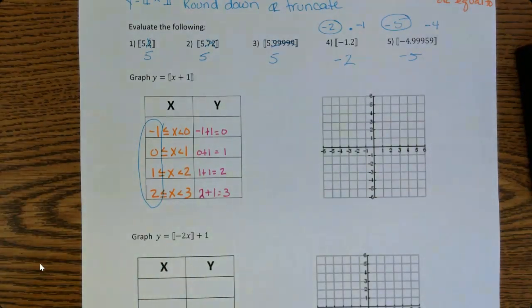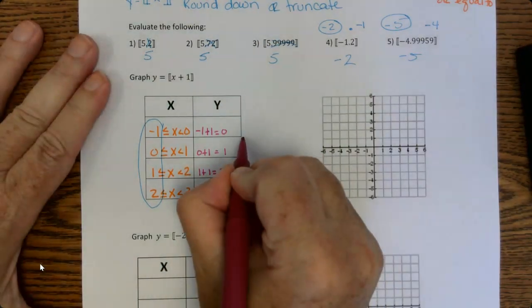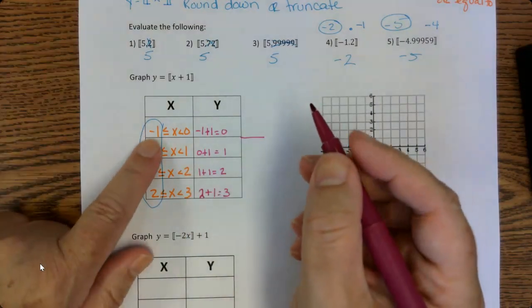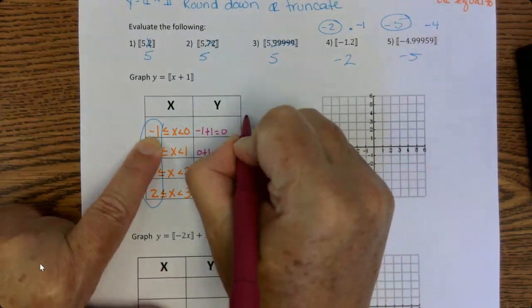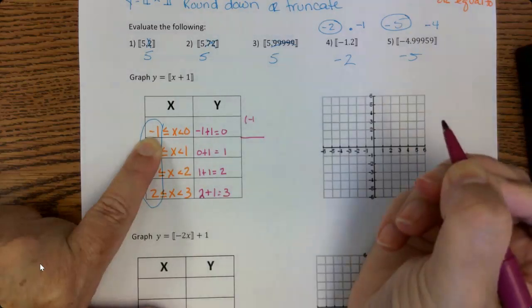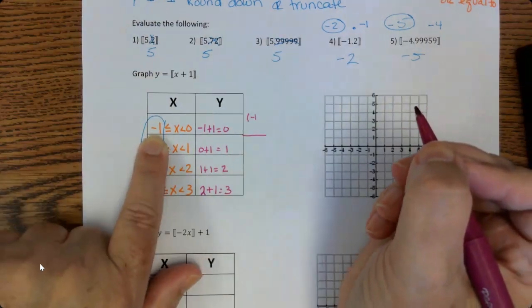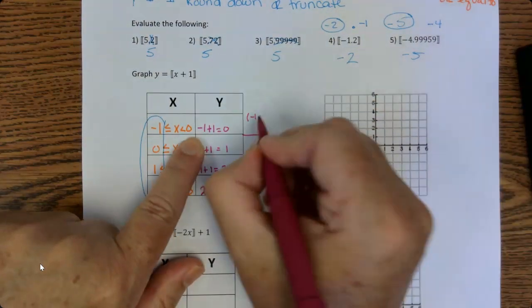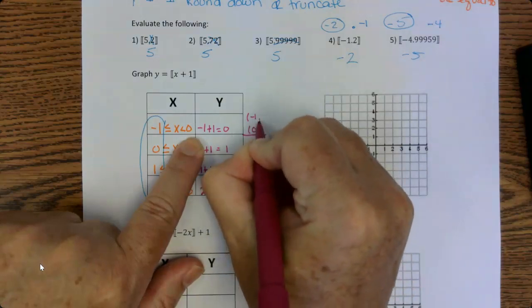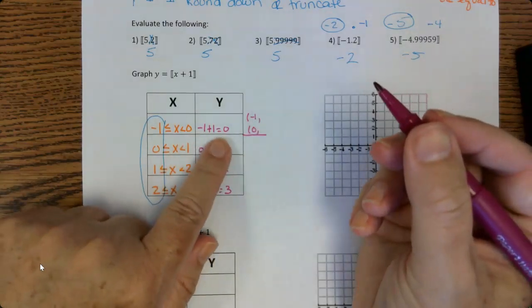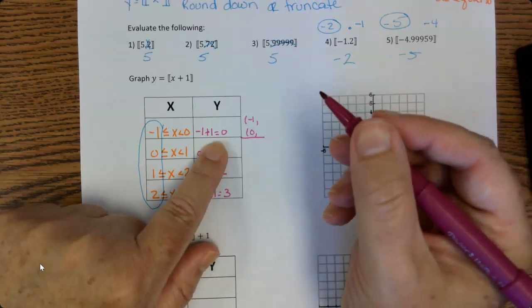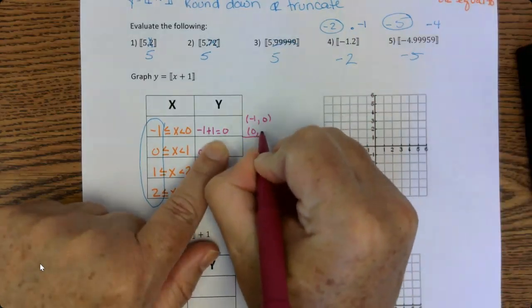Now we're going to have to make 2 dots out of this. I'll make this a little bit bigger. So we used 1 point here. We have one x value at negative 1. What's our second x value? It's 0. Okay. Notice no matter what, we have the same y value. So we're going to say 0 and 0.